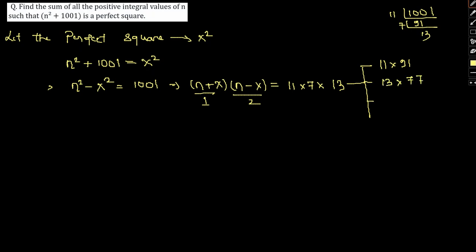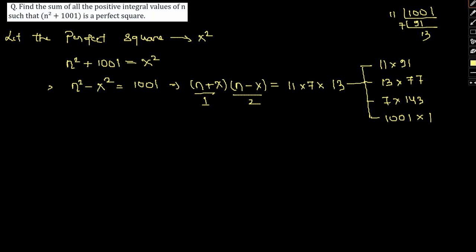Next can be 7 into 143, and the last one will be 1001 into 1. Apart from these 4, I don't think we have any other way we can write this as a product of two numbers. I hope this is clear.